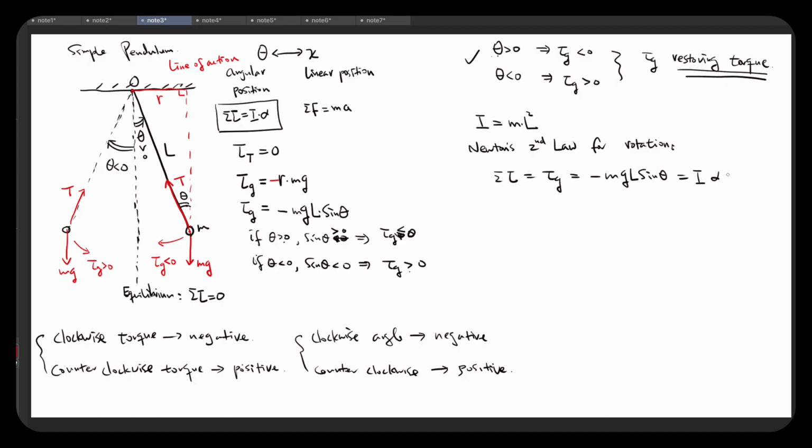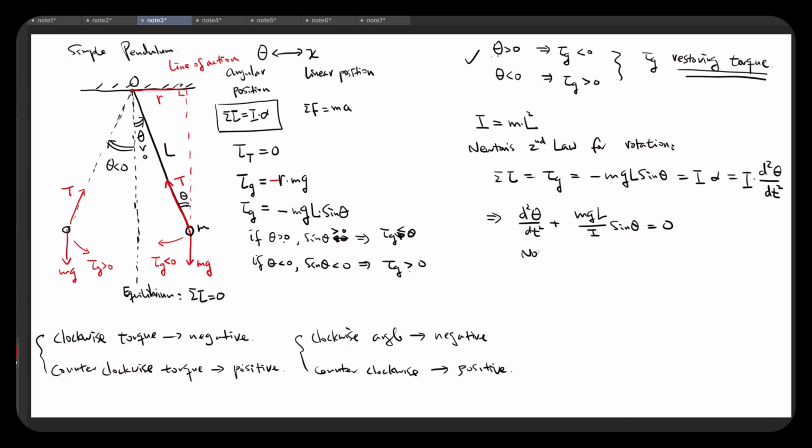Now alpha is the second derivative of the angle theta. So let's replace it by d squared theta dt squared. Then we get this equation here, and now the differential equation is nonlinear. So let me first write this down. Second derivative of angle theta plus mgL over I sine theta equals 0.